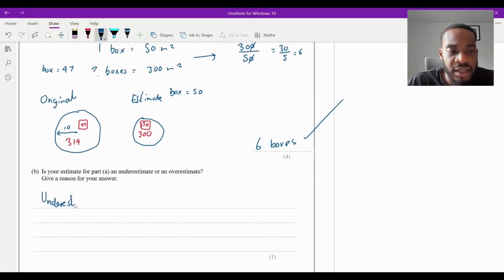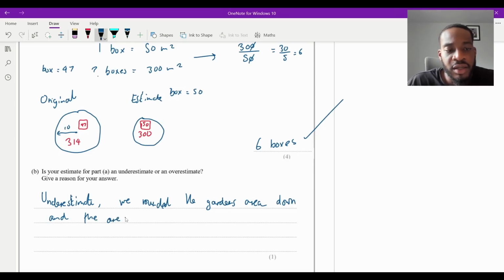It will be an underestimate. We rounded the garden's area down and the area of each box up.